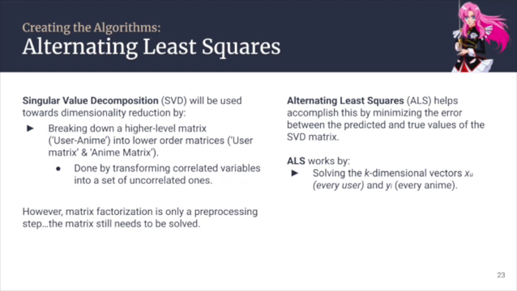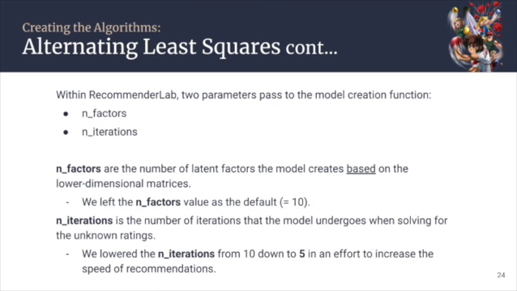It works by solving the k-dimensional vectors x_u, which is every user, and y_i, which is every anime. Within recommenderlab, 2 parameters pass to the model creation function, n factors and n iterations. N factors are the number of latent factors the model creates based on the lower dimensional matrices.